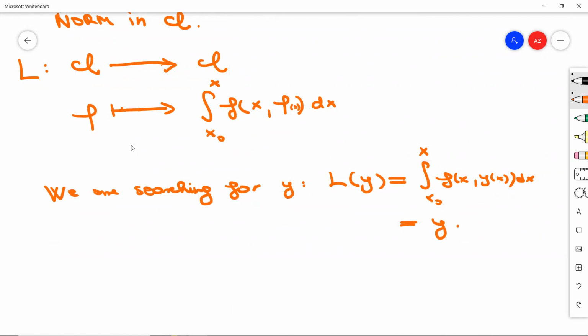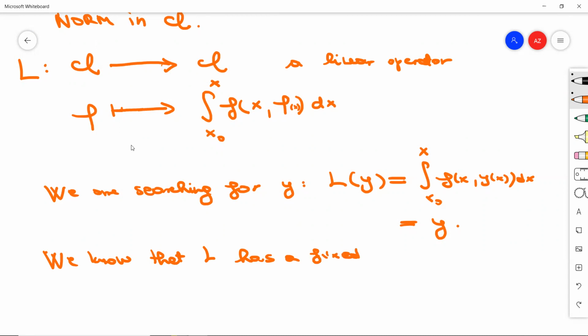Okay? And here comes this part which I cannot explain very quickly. So this L is a linear operator, and we know that L has a fixed point.